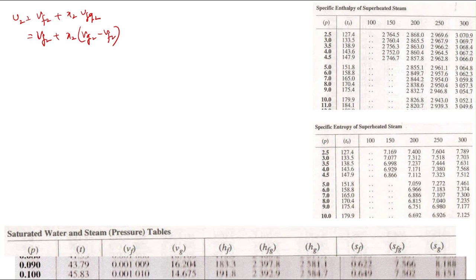In some cases, V2 is equal to x2 into Vg2, and many problems directly take this formula. Why?